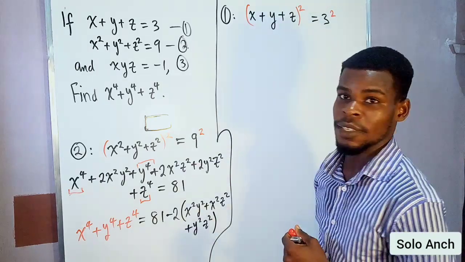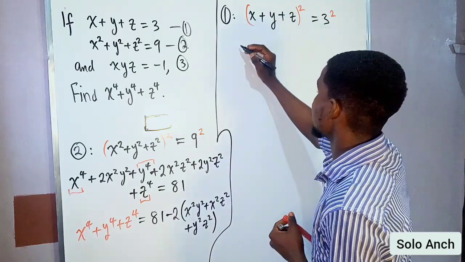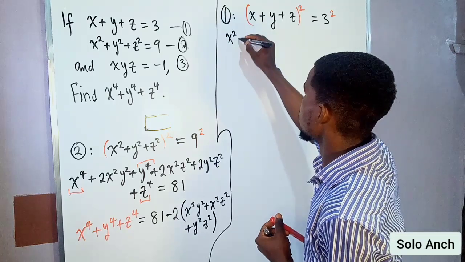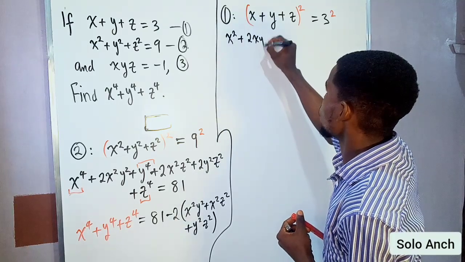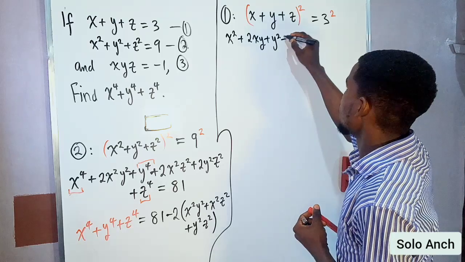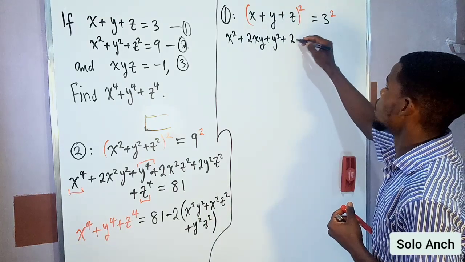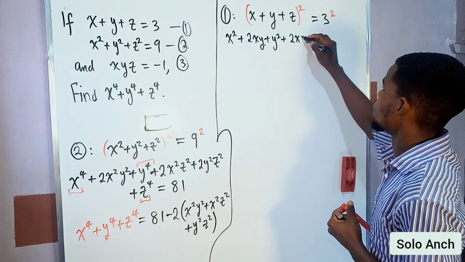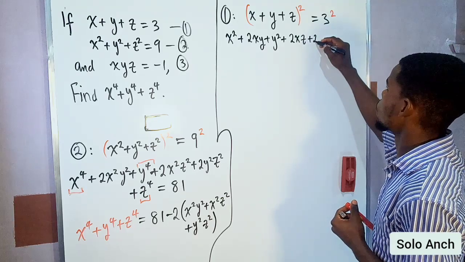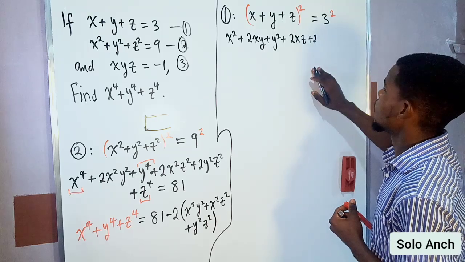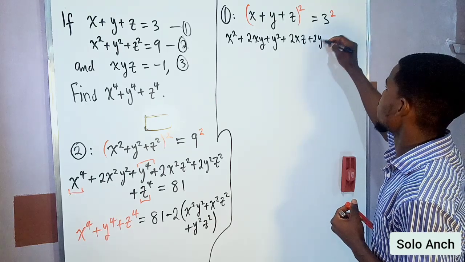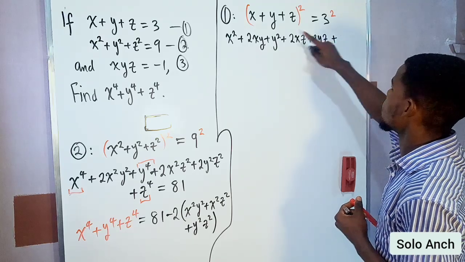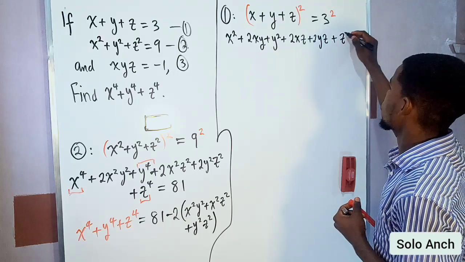So similar stuff here, but this one is just with single powers. So this is going to be x squared plus 2xy plus y squared plus 2xz plus 2yz plus z squared.